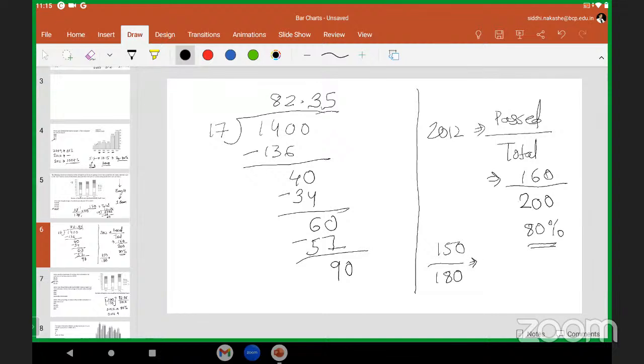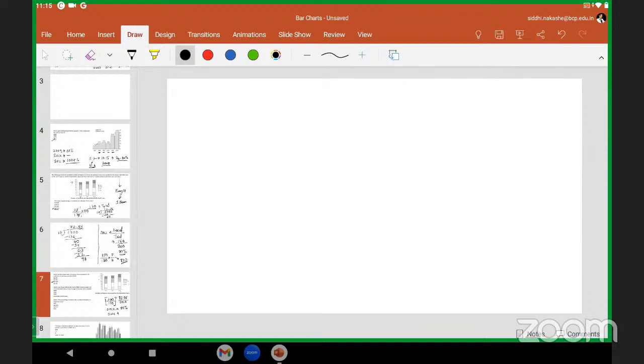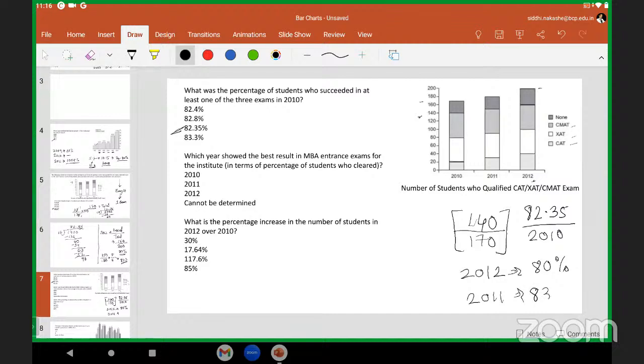This is nothing but 5 upon 6. So this will give you an answer around 16.66 into 5, that is 83.3%. So for 2011 the answer is 83.33%. The question they have asked is which year showed the best result in terms of students? So 2011 has shown the best results.